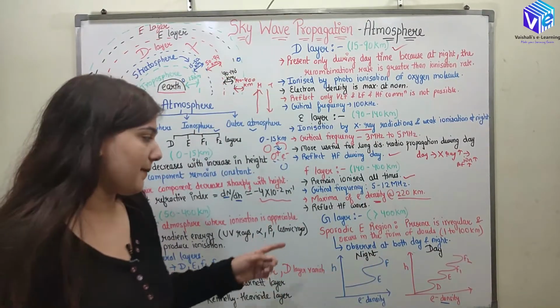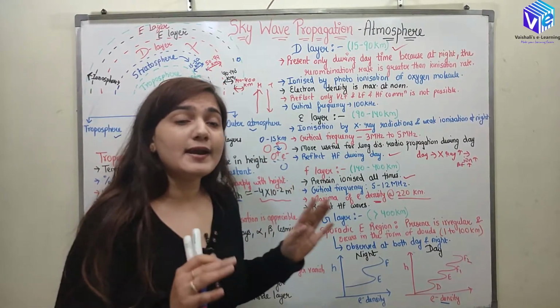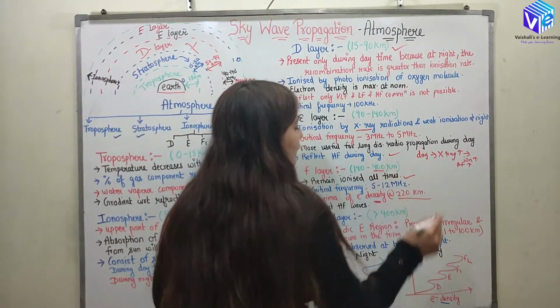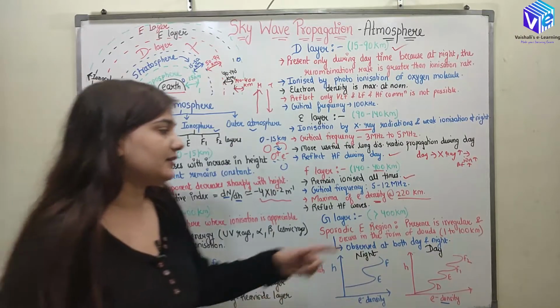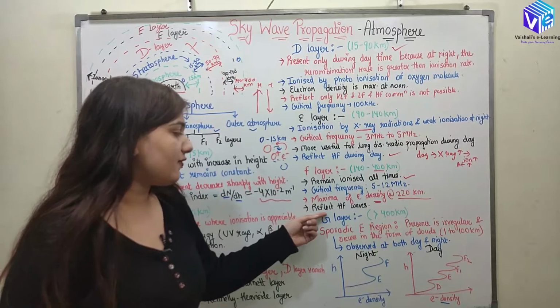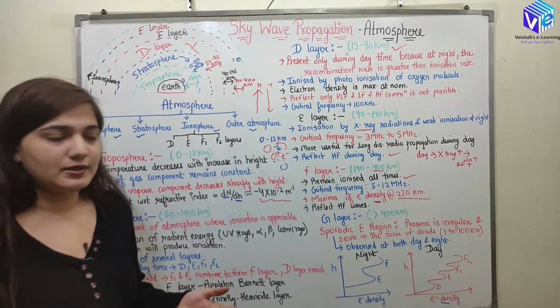This you can remember. The maximum of electron density occurs at 220 kilometers. It is present in the range of 140 to 400 kilometers, and the maximum electron density is at 220 kilometers, which is inside the F1 layer. Now it will reflect the high frequency waves, and I can do high frequency communication.